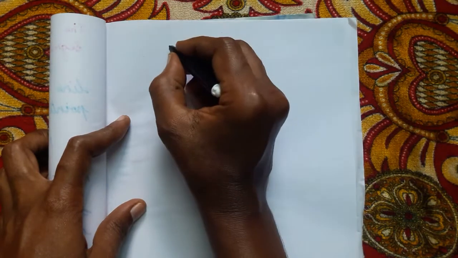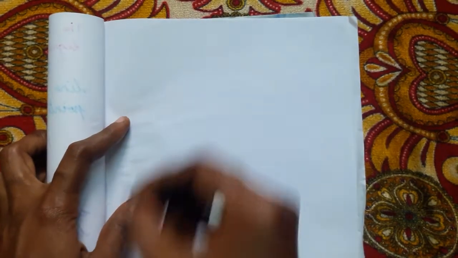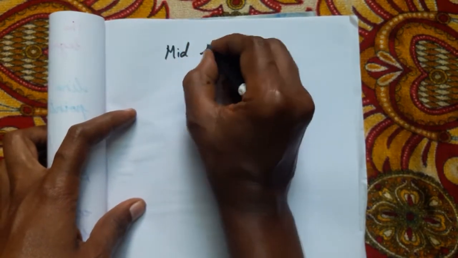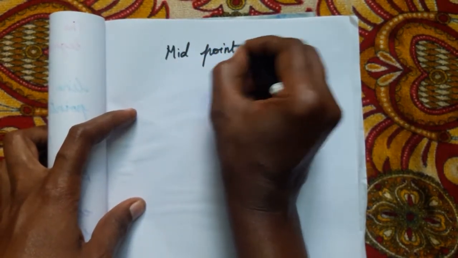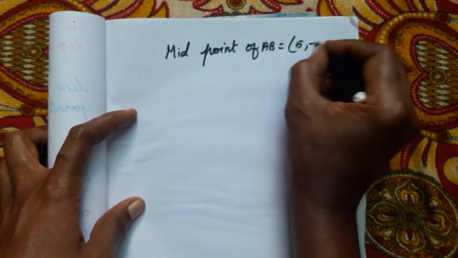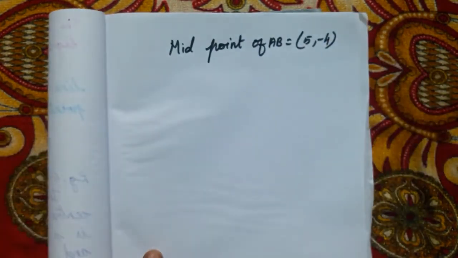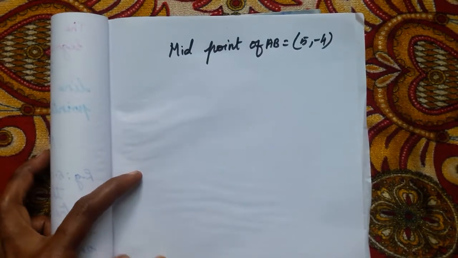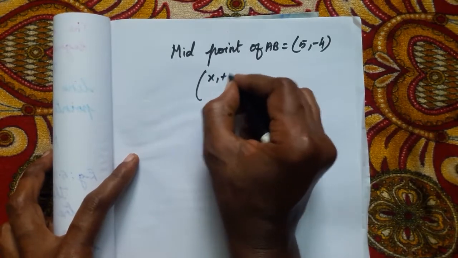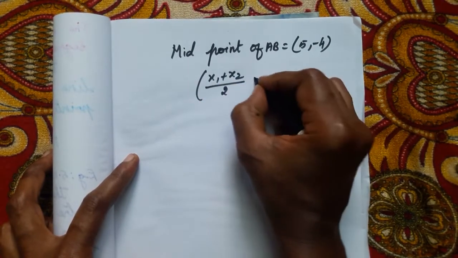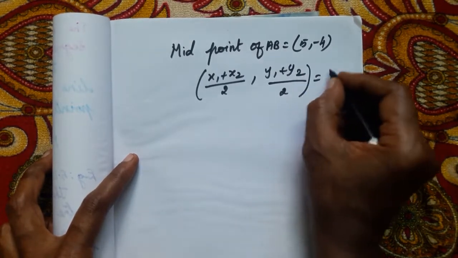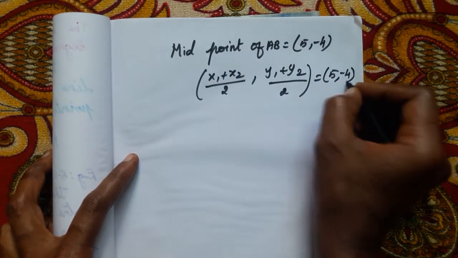Here center is (3, minus 4), so the midpoint of AB is equal to (3, minus 4). Midpoint formula: ((x1 plus x2) by 2, (y1 plus y2) by 2) is equal to (3, minus 4).